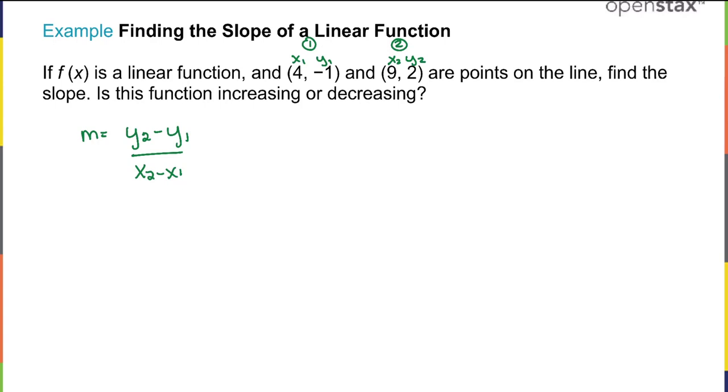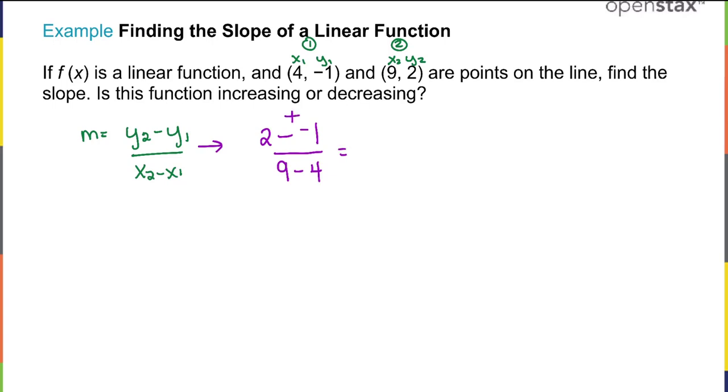Rates of change. So plugging in numbers, y2 is 2 minus y1, which is -1, over x2, which is 9, minus x1, which is 4.